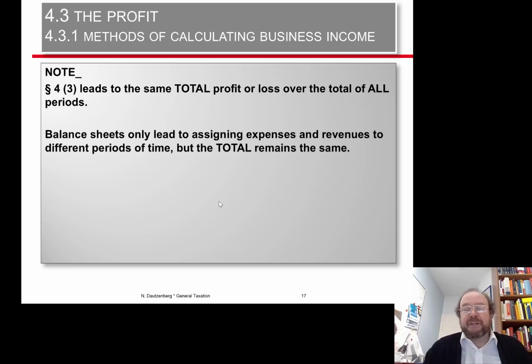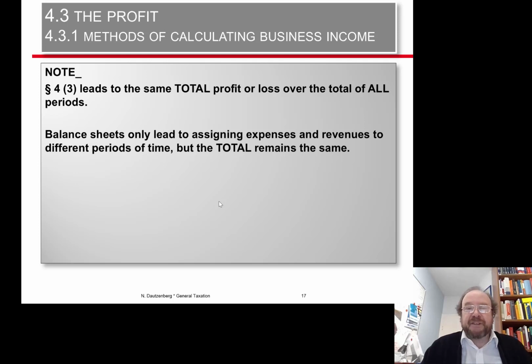The only thing which the modified cash flow statement distinguished from the balance sheet method is that the cash flow orientated measuring of the profit leads to recognizing profits and losses at different points of time.